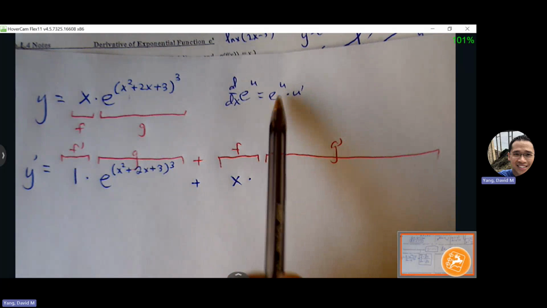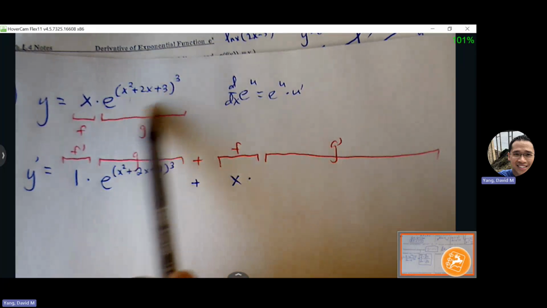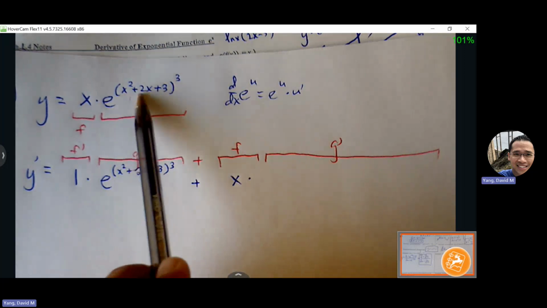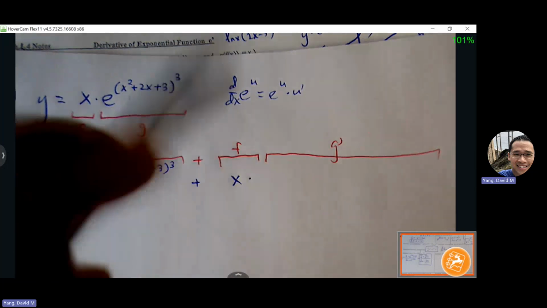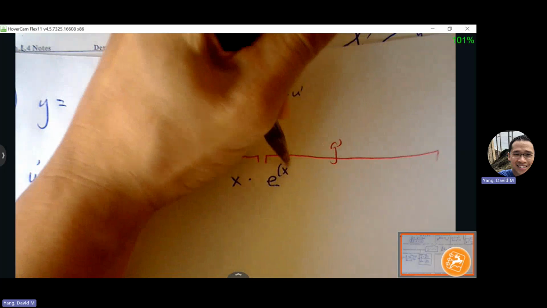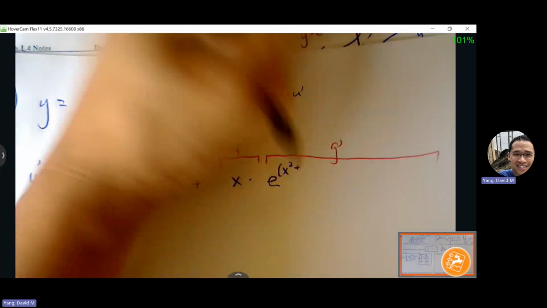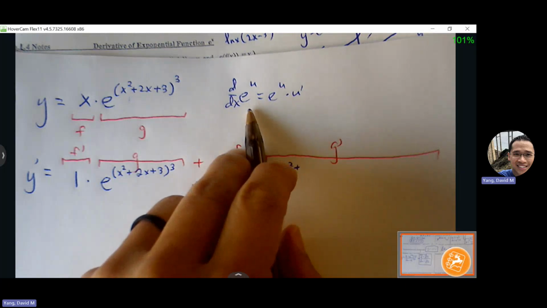It's e to the u times u prime. So what's e to the u? The exact expression, no changes. The thing with e to the u is that this is the derivative with a little bit of extra stuff going on. But first, you're just going to copy the exact same expression down because that's what the rule says.